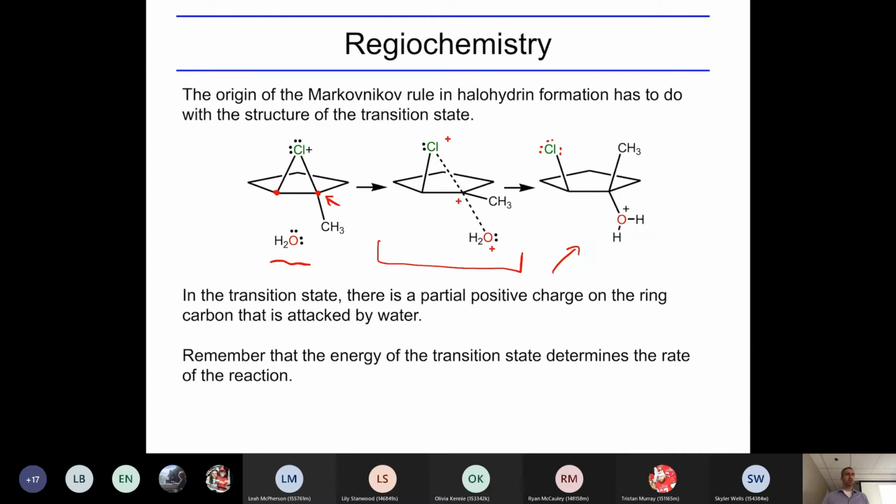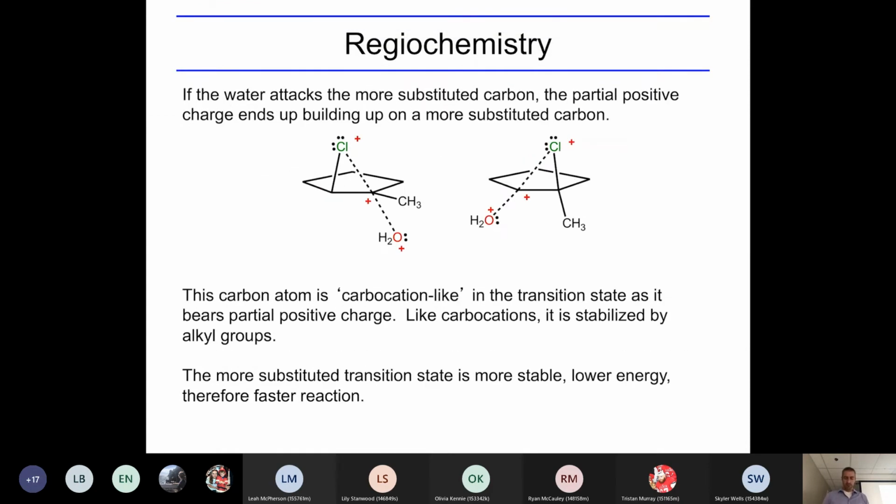So it's the energy of the transition state that determines which step is fastest, not actually the energy of the intermediate. So yeah, of these two possibilities, this one is preferred because that puts more positive charge on the carbon that's more substituted. Cool. It might seem opposite to what you'd expect, because this step is like an SN2.